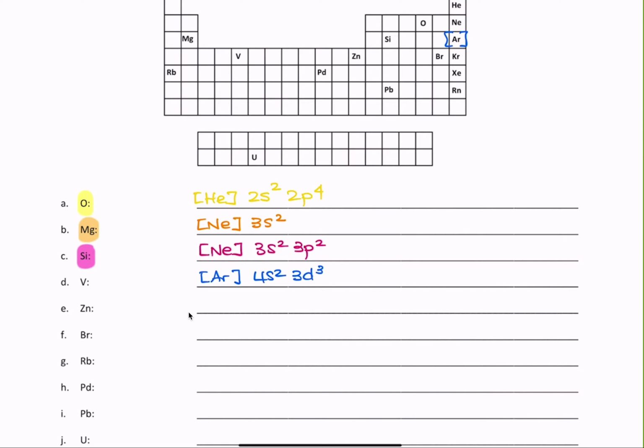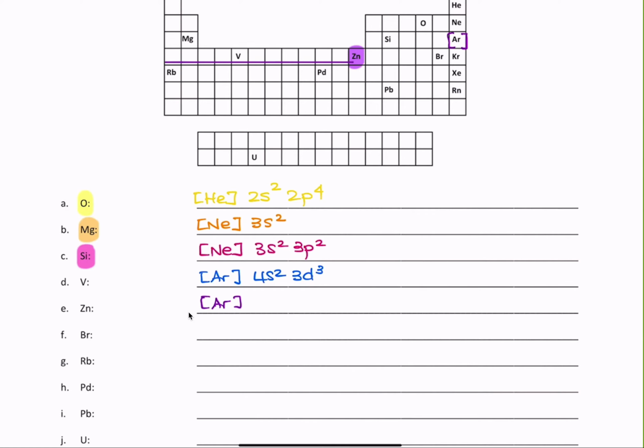What about zinc? Let's do zinc together. Zinc is located here. The noble gas before, the line before, is argon again. But this time, if I want to reach zinc, I have to cross more boxes.